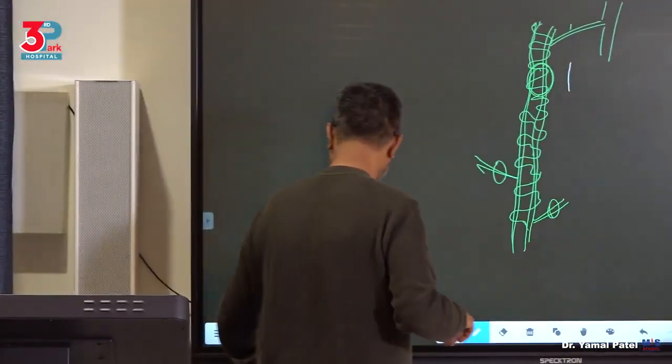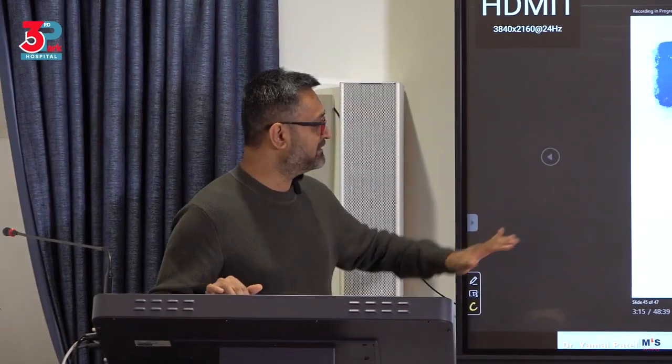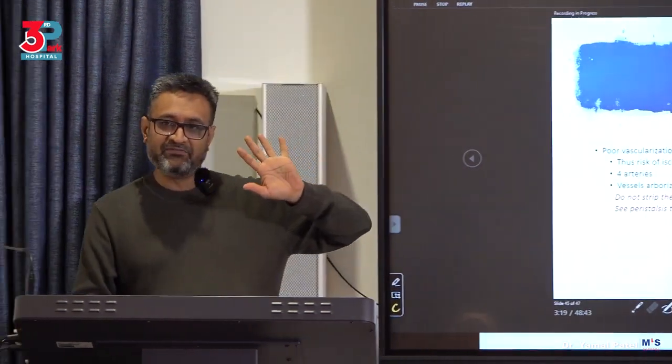So, my point that I was putting forth here, again, anatomically, this is the important thing: there are only maybe four or five major vessels that actually give blood supply to the ureter. The renal artery, you get it. The iliacs, internal iliac, the uterine gives it, you get it. But they have a lot of arborization in the adventitia.